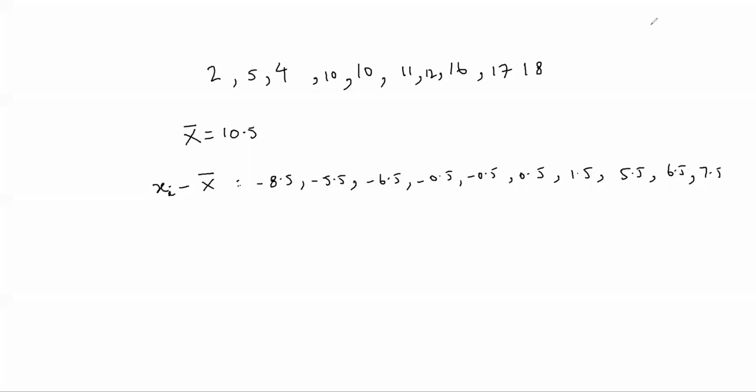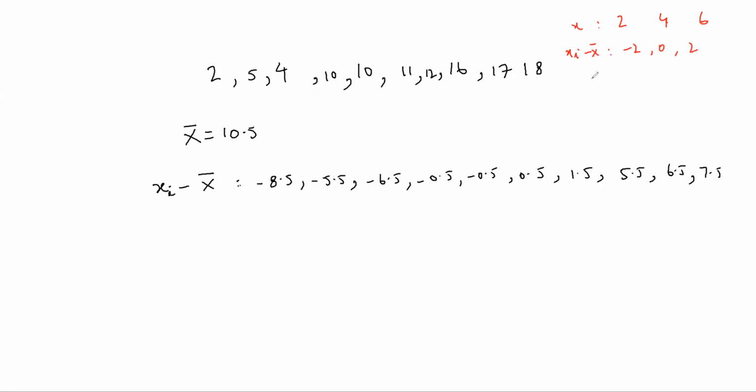Suppose you have a situation where the data is 2, 4, and 6. Now the mean is 4 over here. Okay, this is your x, and then your deviations from the mean are going to be -2, 0, and 2.